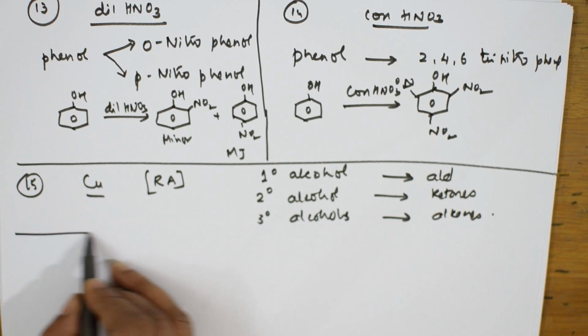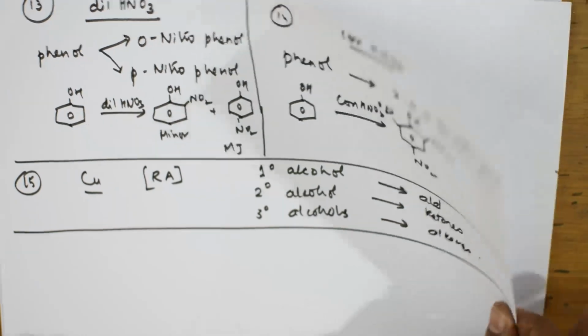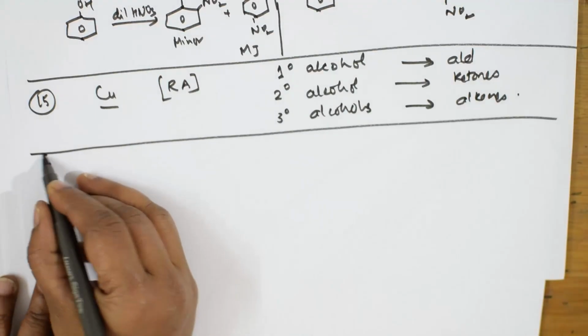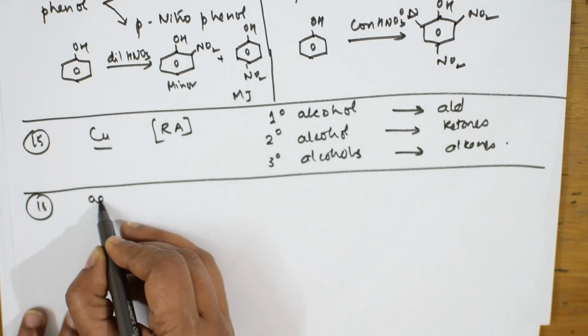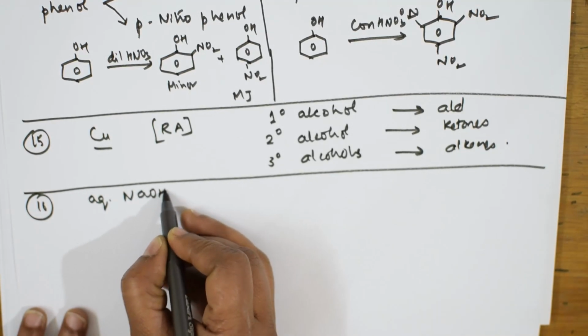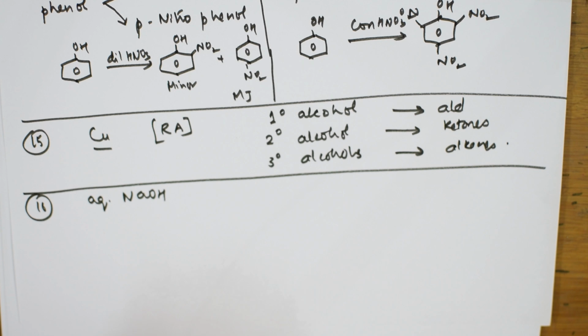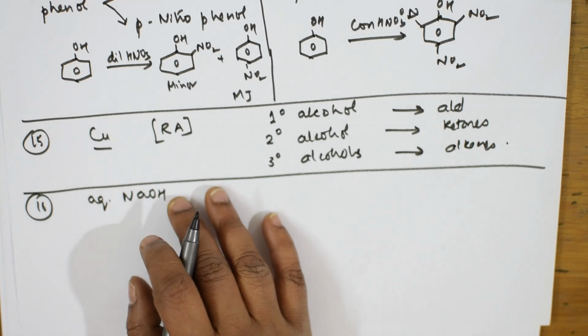Suppose in the exam paper, if I have this one, what should I do? The 16th one. In the exam paper, if you have aqueous sodium hydroxide, or aqueous KOH or moist silver oxide, like that. Let me show you with aqueous sodium hydroxide.